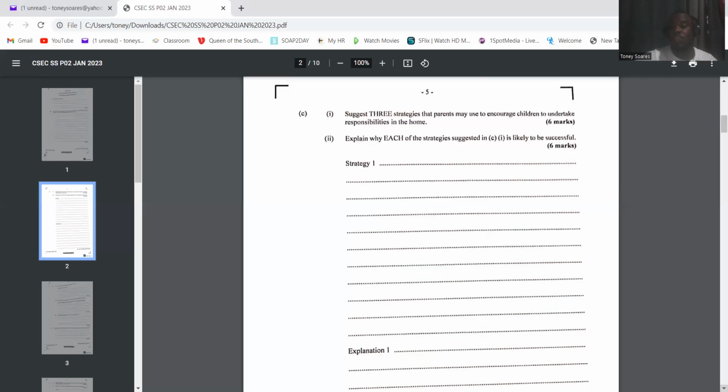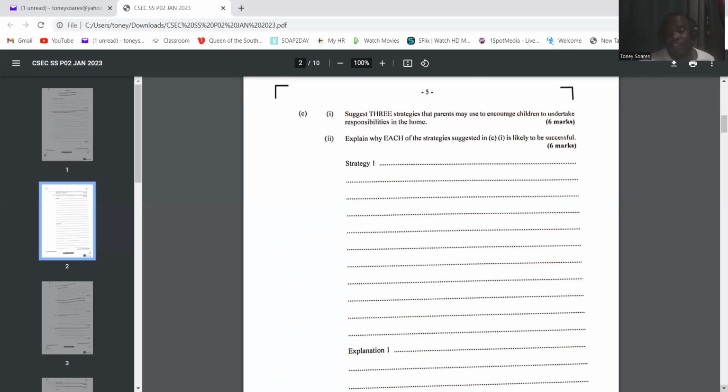Or they can have the jar where siblings go and pick something, so every day or every week it's something different that they do. So it's spread around. That's why it will be successful, because children love to look at things and say, why am I the one doing all the work or most of the work? Or why do I have to wash the plate all the time? Why do I have to sweep the yard all the time? So the chores are shared and spread out evenly.